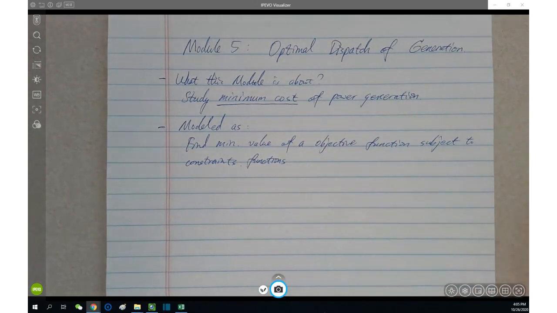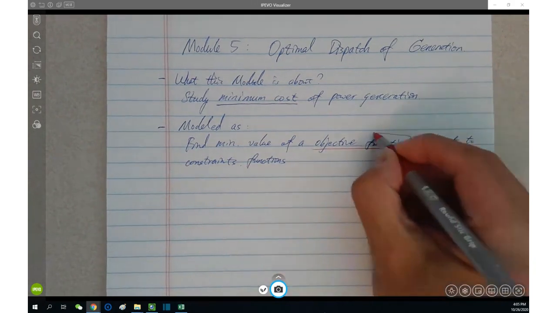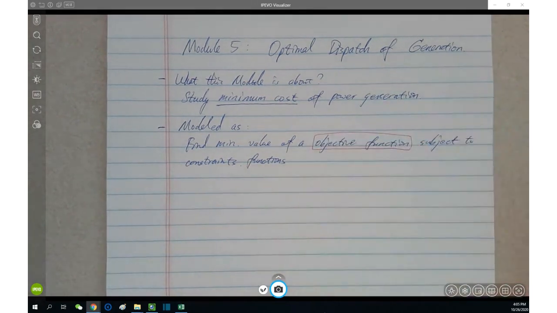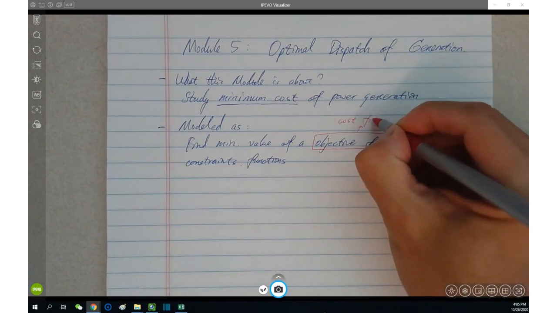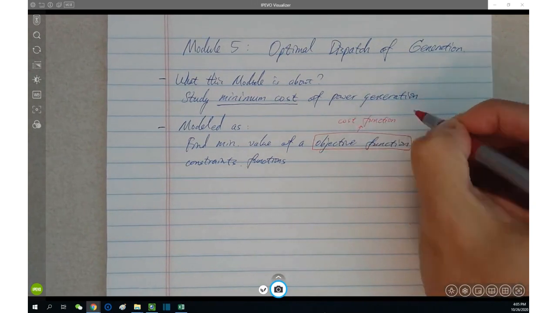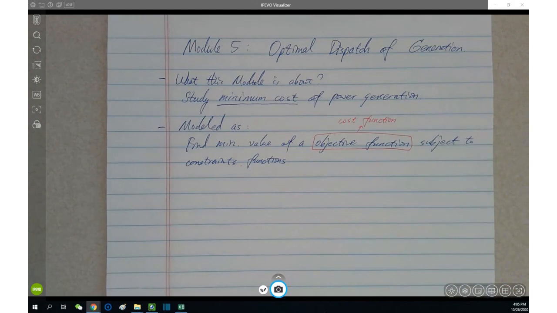So first of all, we have an objective function. Now, what is the objective function? According to the description we just had, the objective function is nothing but the cost function. Doesn't that make sense? How much you need to spend to have this amount of required power?